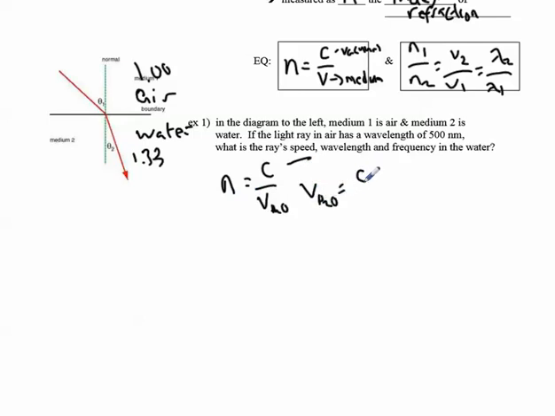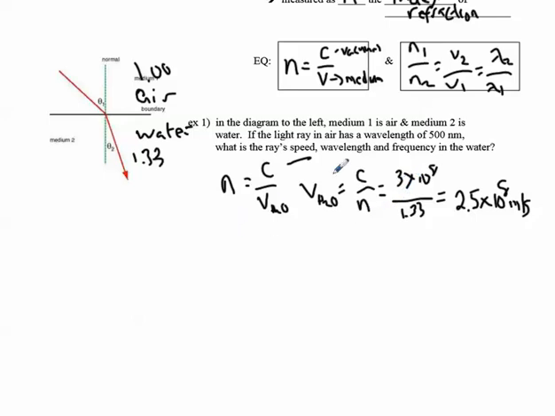And that's nothing more than c over the index of refraction, which is 3 times 10 to the 8th divided by 1.33, and I believe this is 2.5 times 10 to the 8th meters per second. Okay, so the speed of light in water is 1.33 times less than that of a vacuum.